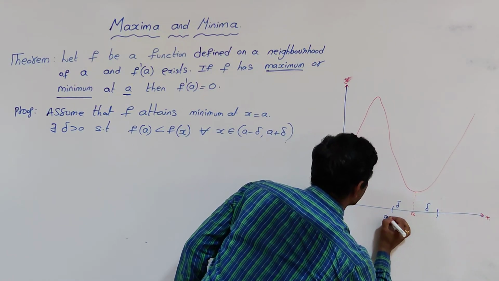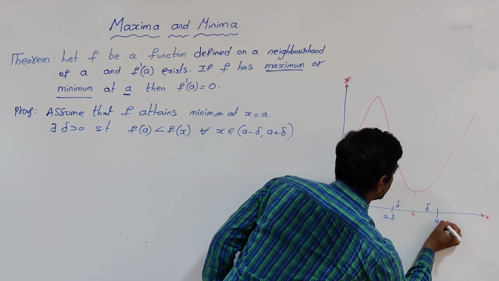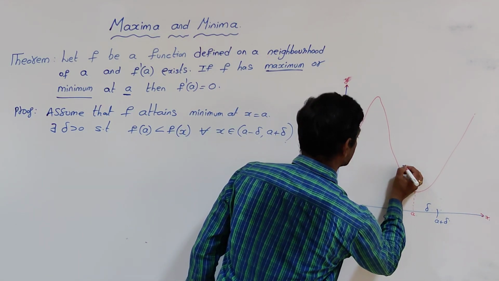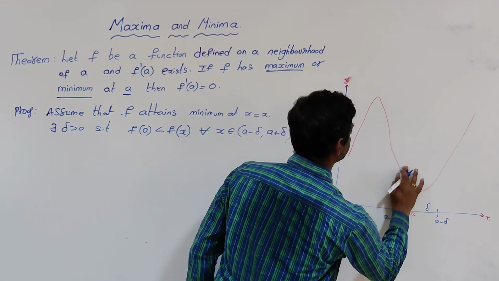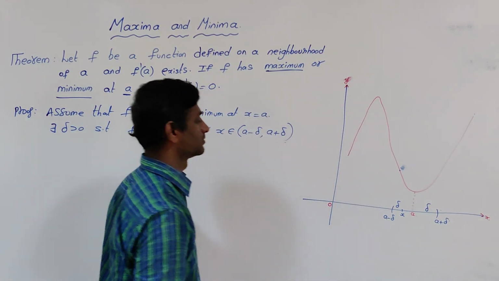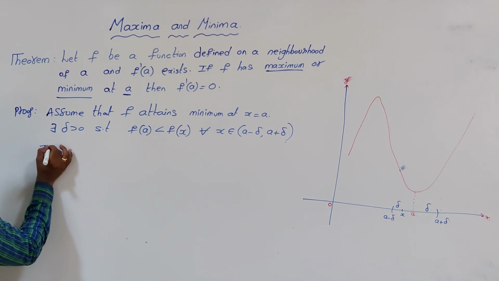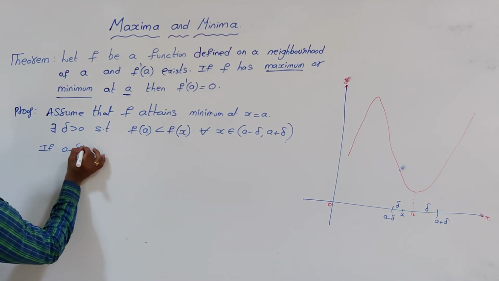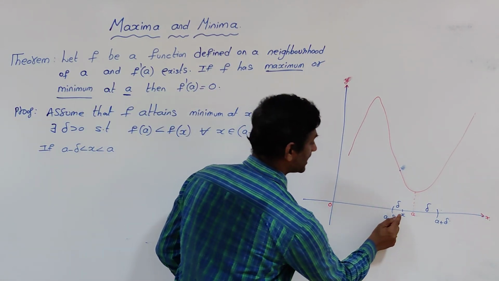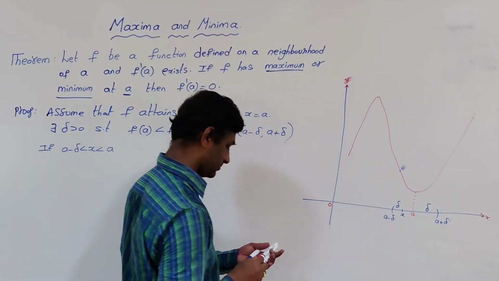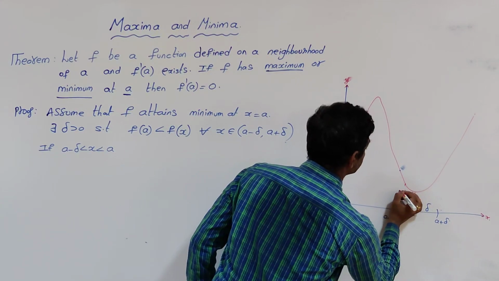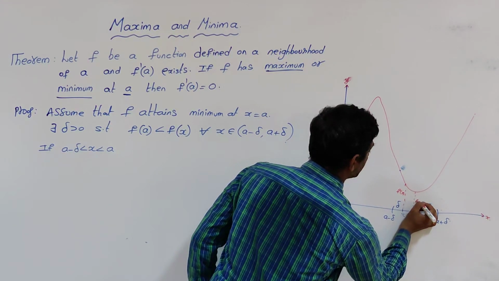So this will be A minus delta and this will be A plus delta. Suppose this is an x value, means if x lies between A minus delta and A, then this will be f of x and this will be f of A.